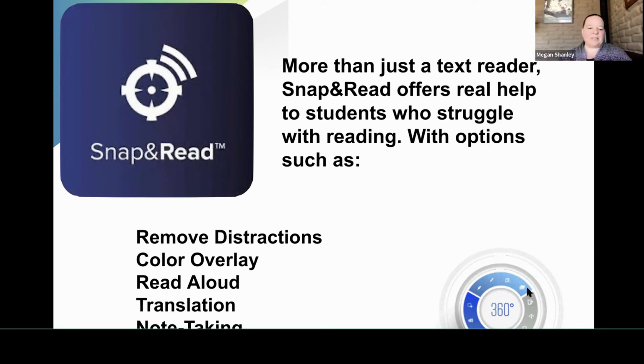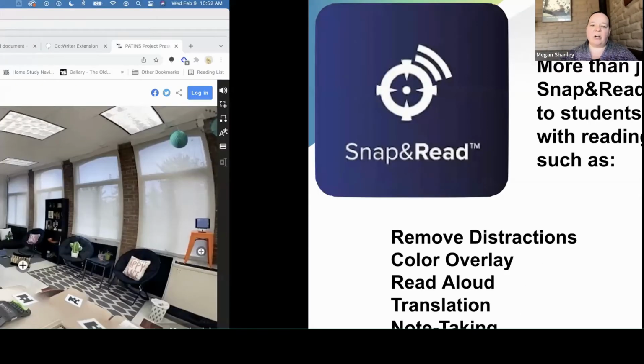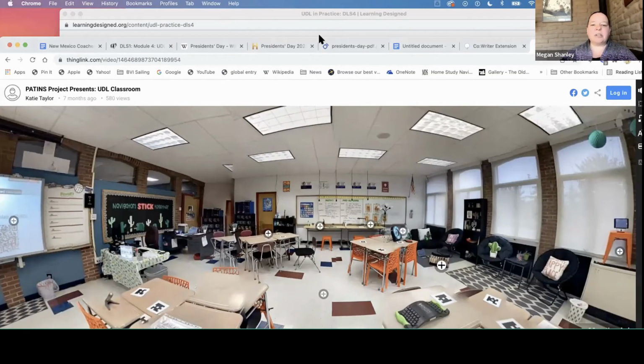What is the purpose of this activity? Snap and Read is amazing because it has text to speech, it removes distractions, it translates, and it's a note taker. So I'm just going to jump right into Snap and Read.